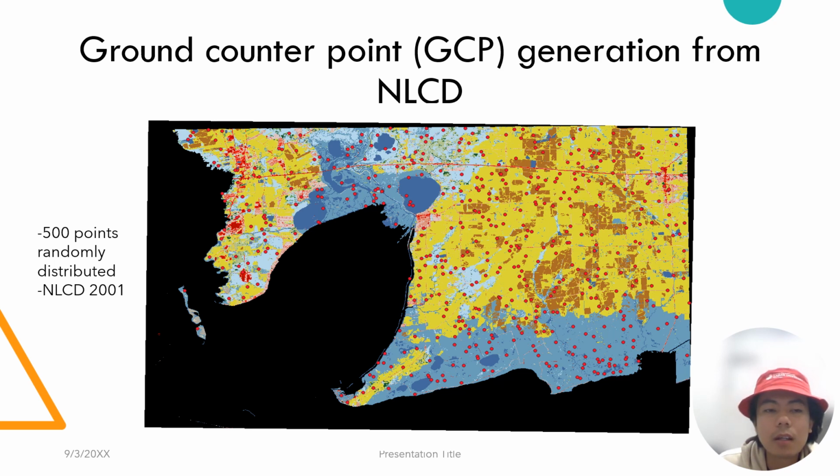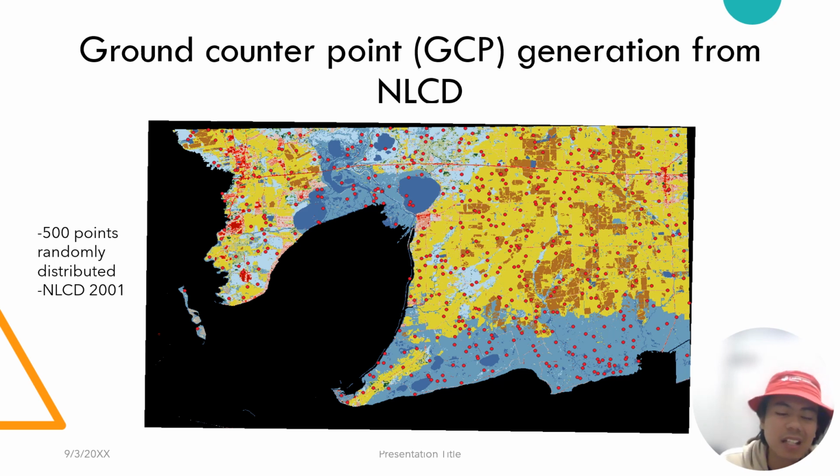So let's say we randomly generate 500 points, and we can extract the information of the location of the points to compare with the classification results. So that's another option for how we can assign the cluster results from the clustering.